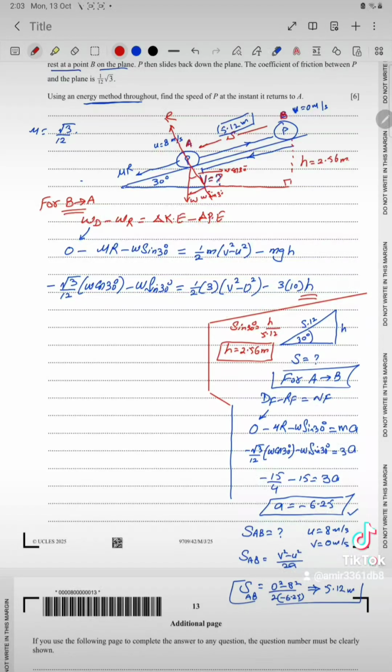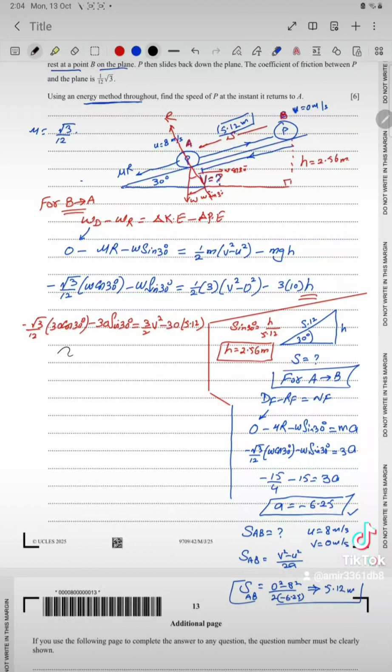Let me separate the page. Now I can substitute the values here. It will be minus root 3 by 12, and W is 30, cos 30 minus 30 sin 30, equal to 3 by 2 v square minus 30 times 2.56, that is the H we have calculated.